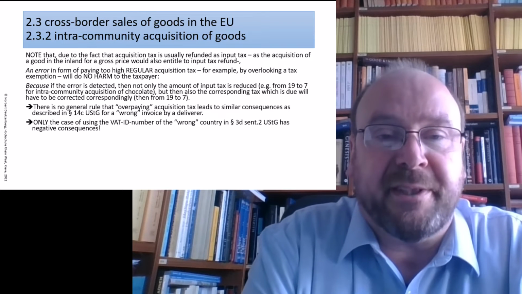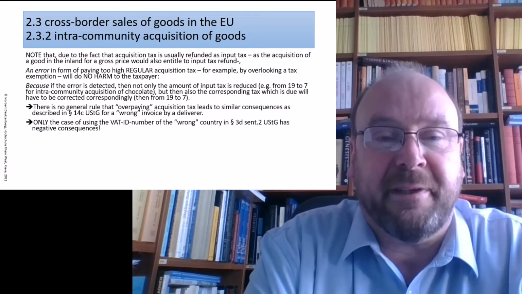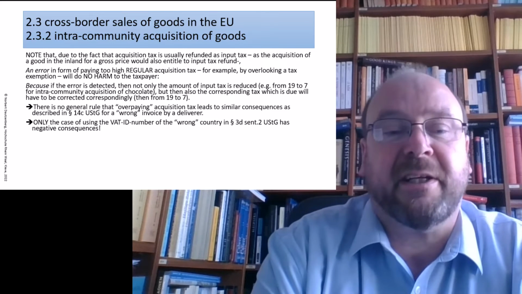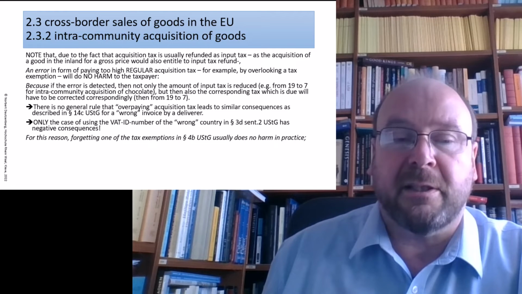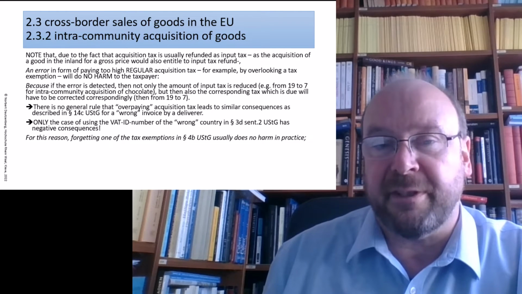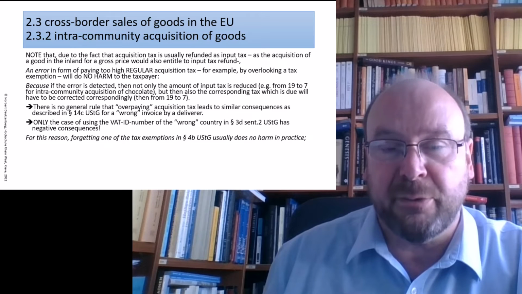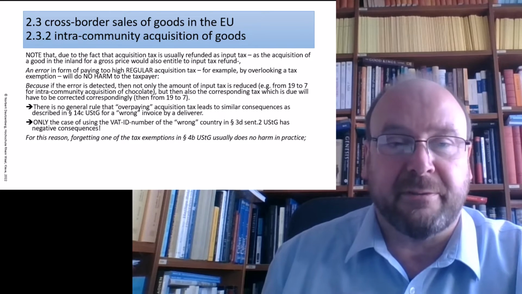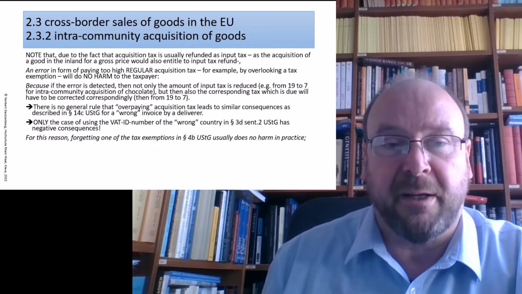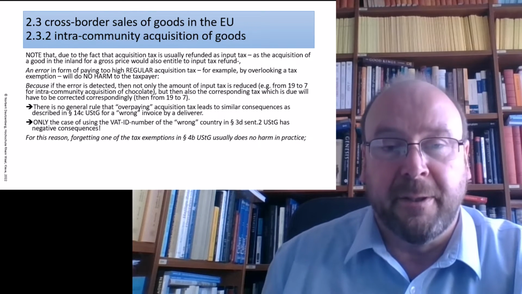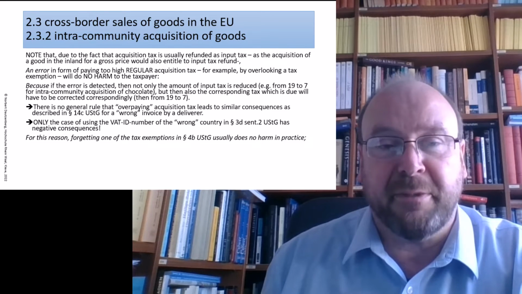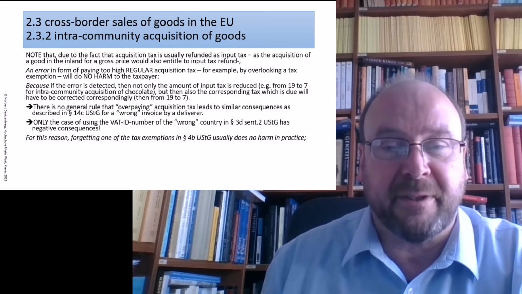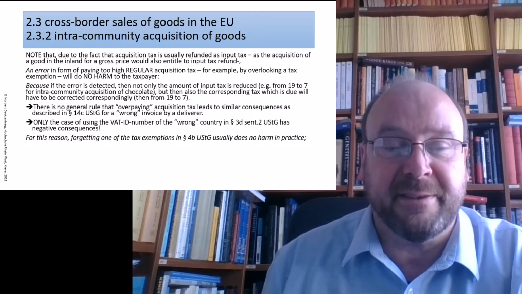Only using the wrong value-added tax identification number can cause you financial problems in that area. So for this reason, forgetting one of the exceptions in 4B, USDG might not create serious problems or harm, because if you over-declare and declare tax for a tax-free transaction and reclaim it, the rectification of your tax declaration will make both entries vanish, so the effect is plus minus zero.